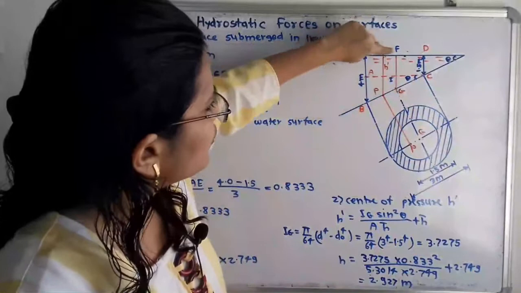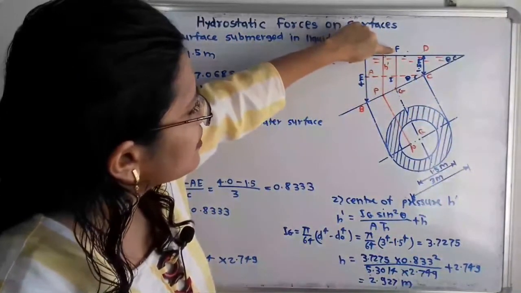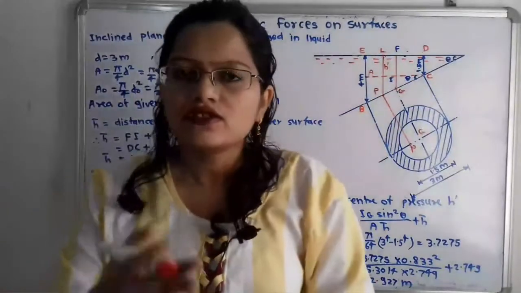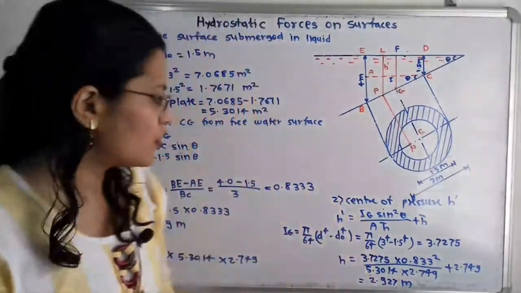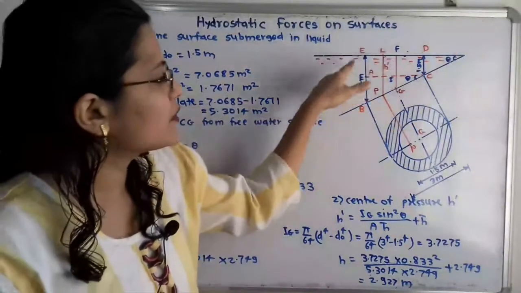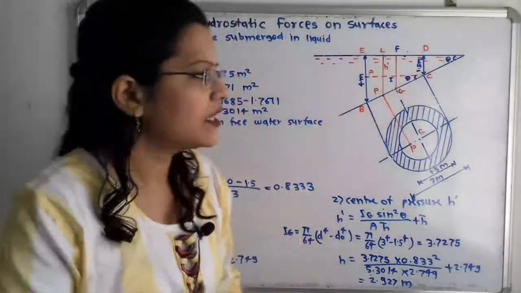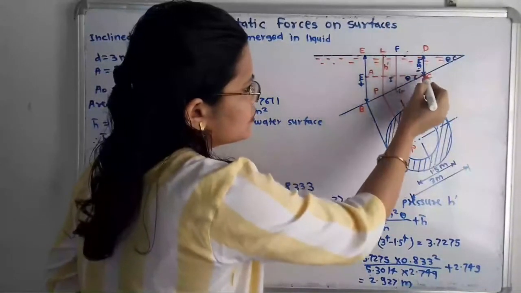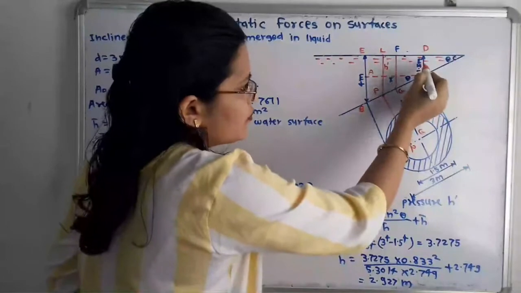So if we observe this diagram, here is the line F to G. This line shows the distance H bar. So how to find out this H bar? Now if we observe here, we have to make one construction. Here the distance is given, that is distance D to C, the top point, 1.5 meter.